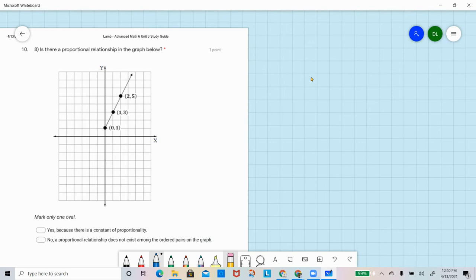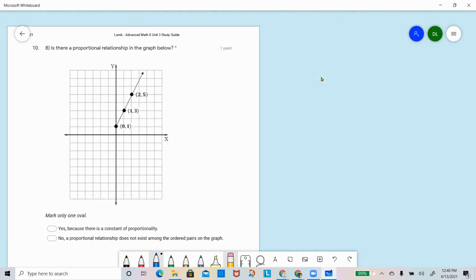It says, is this a proportional relationship in the graph below? Well, this is probably the easiest question on the entire test, right? Because we know for a graph to be proportional, 2 things have to be true. It has to be a straight line, and this is a straight line. But it has to go through the origin.